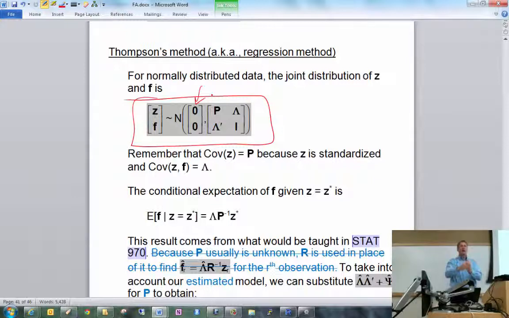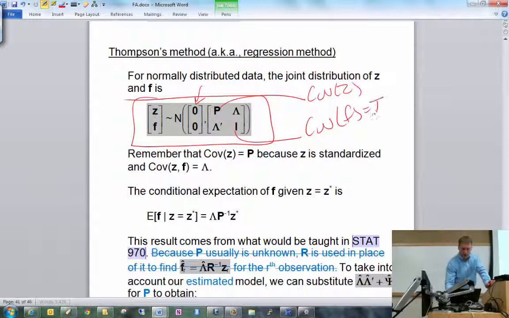Just stacked them together. And then the covariance matrix is this. The covariance of Z, which we've already seen before, is P. The covariance matrix for F is I, the identity matrix, which we've seen before. And then the covariance between the Z's and the F's, if you remember, are the lambdas. So this is just a block matrix here, to use some common terminology.